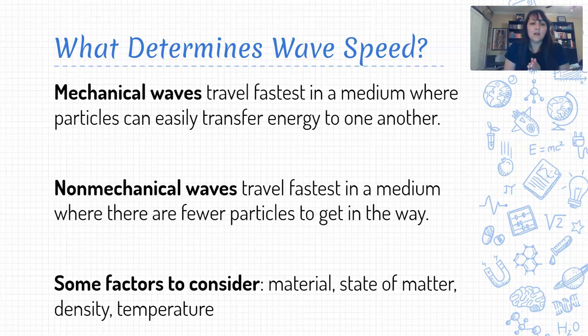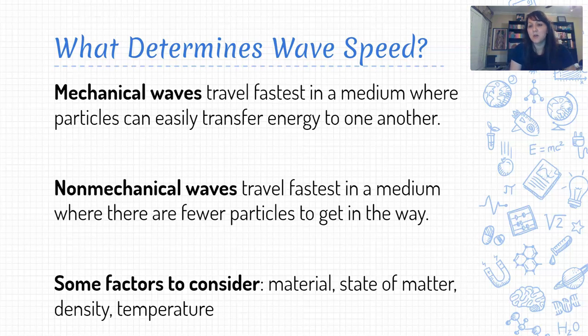So some of the characteristics of a medium that will influence wave speed are obviously the type of material, but also things like the state of matter. So for example, sound waves move faster through solids than they do through air, which seems kind of weird, but if we think about a solid, the particles are more densely packed together.